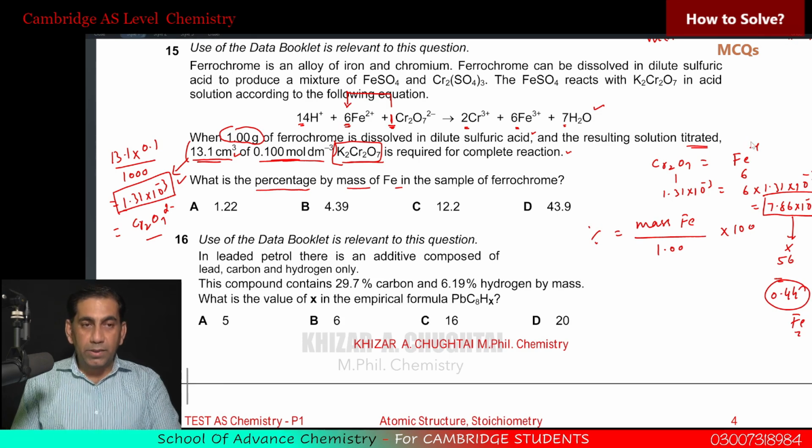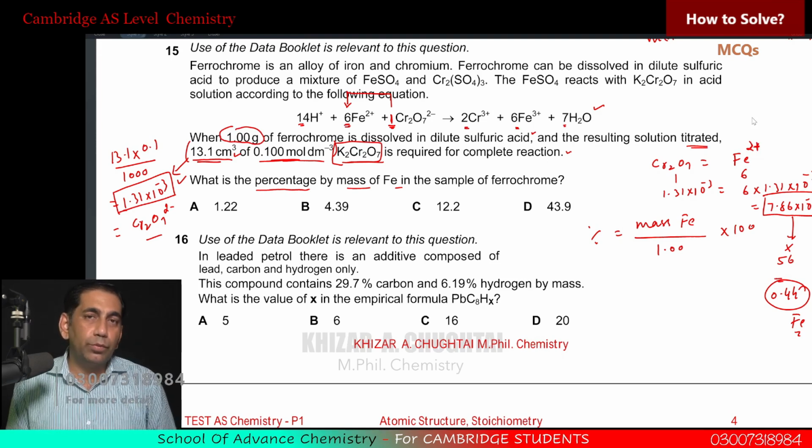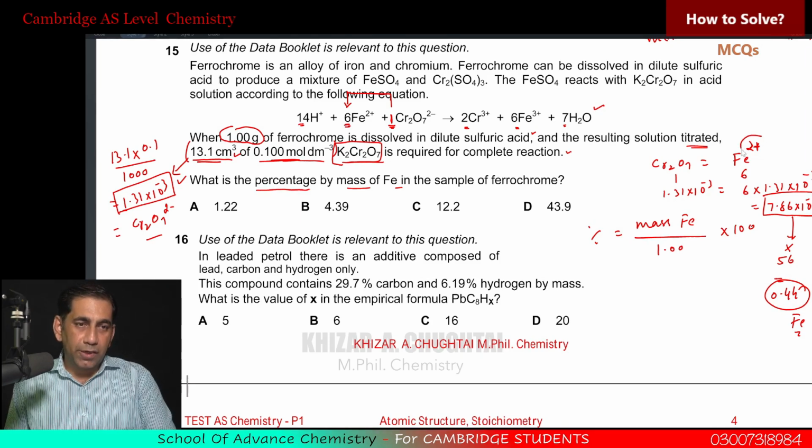You may get confused by this iron 2 positive ion, but just keep in mind that the mass of iron 2 positive ion, the mass of iron 3 positive ion, or the mass of simple iron is the same. The difference is basically of electrons.